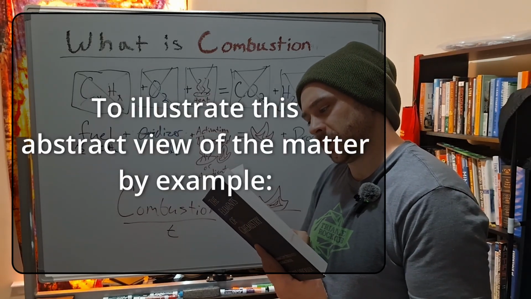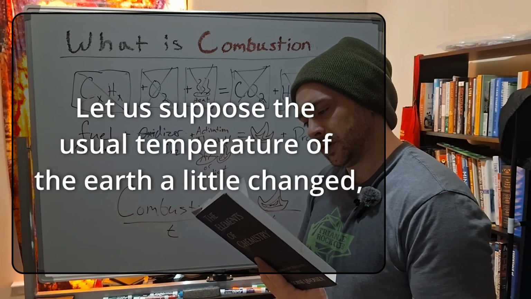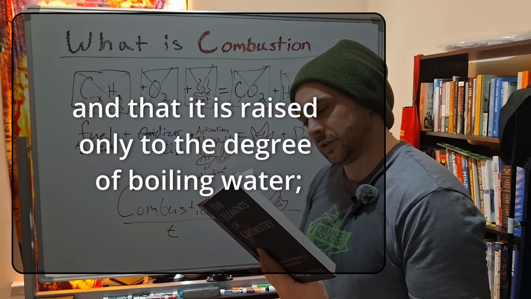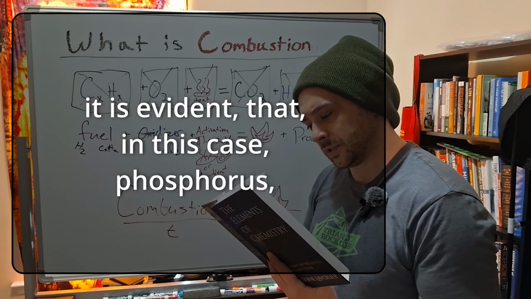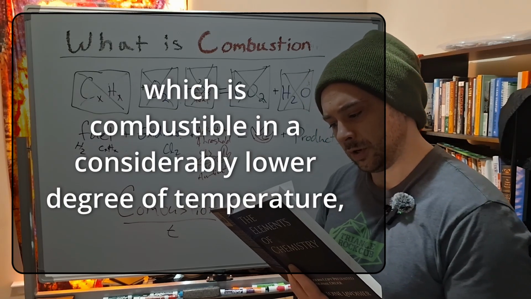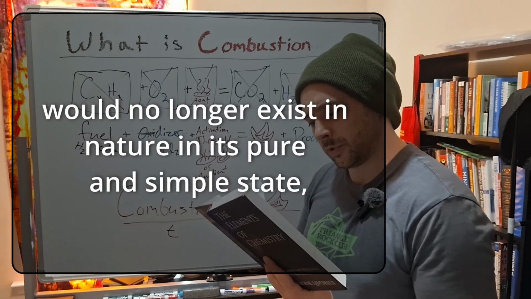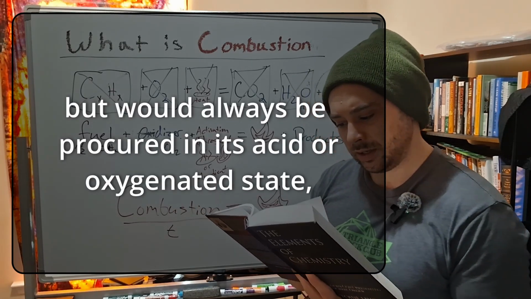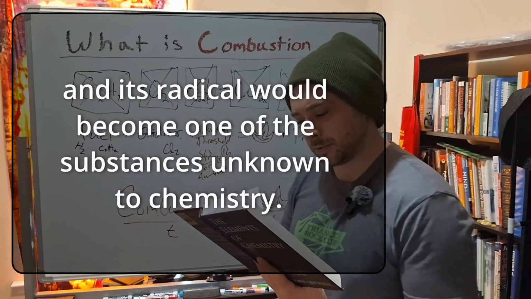To illustrate this abstract view of the matter by example, let us suppose the usual temperature of the earth a little changed, and that it is raised only to the degree of boiling water. It is evident that in this case phosphorus, which is combustible in a considerably lower degree of temperature, would no longer exist in nature in its pure and simple state, but would always be procured in its acid or oxygenated state, and its radical would become one of the substances unknown to chemistry.